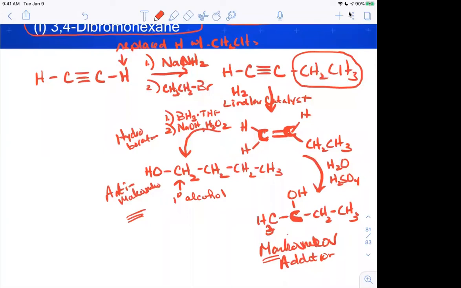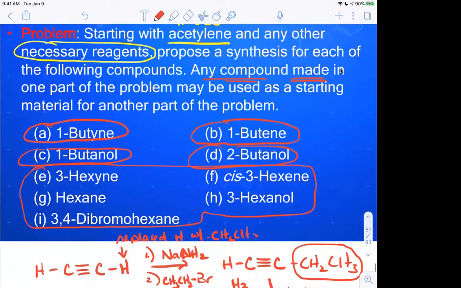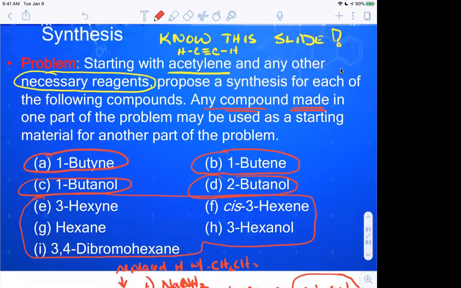Our class is a basic class, so we're not going to go into too much depth. But what's on this slide is that I can take a couple of simple things and make more complicated molecules. And remember, I'm using all of the reactions in this chapter. These are the reactions that we've learned, and I can do a lot with them. So we are well on our way at this point to becoming very sophisticated organic chemists.